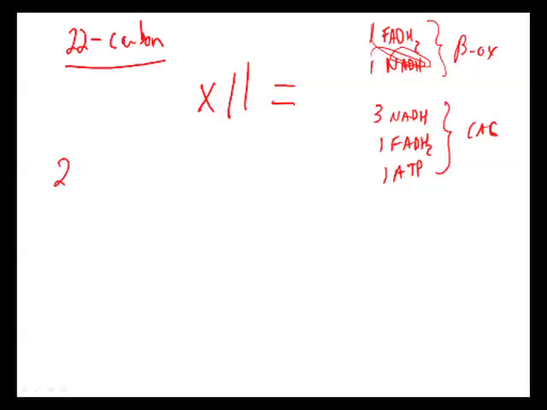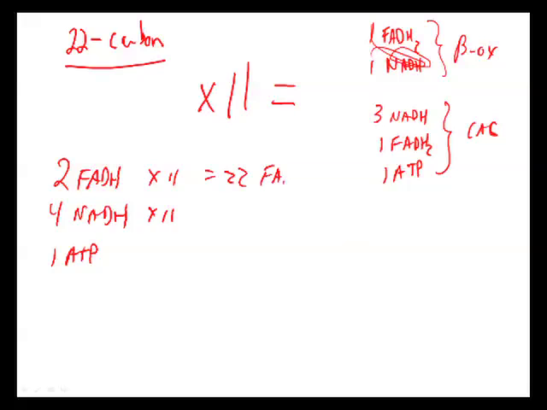1, 2 FADH2s, 4 NADHs, 1 ATP, times 11. So that's 22 FADH2s, 44 NADHs, and 11 ATPs.